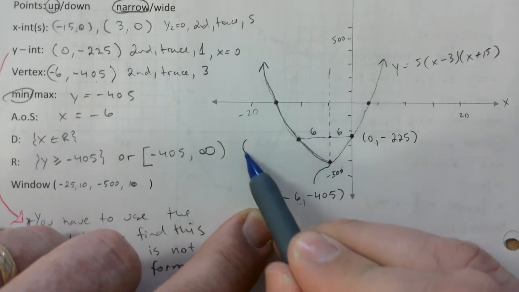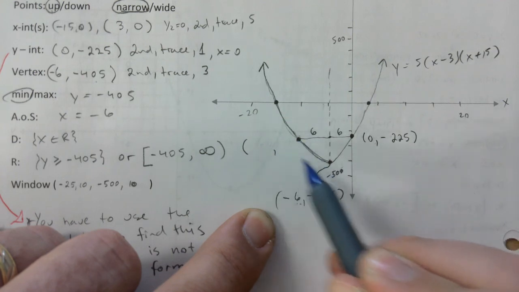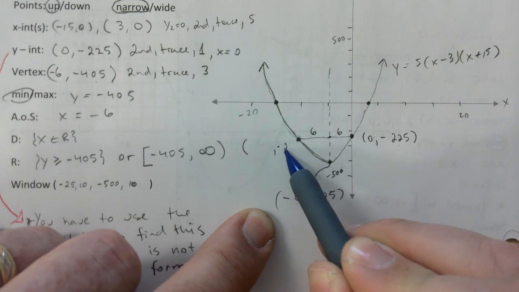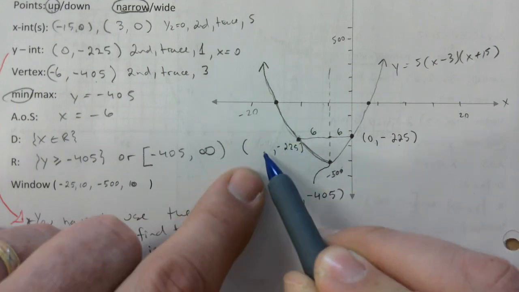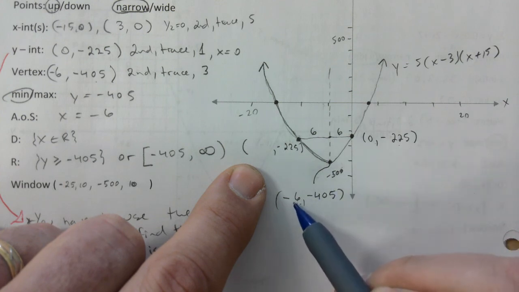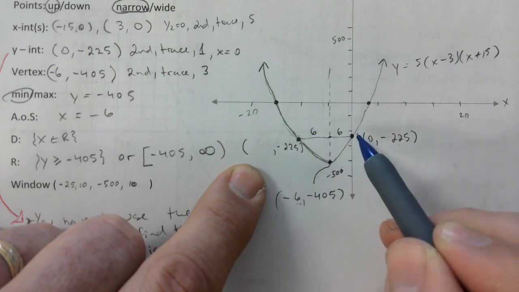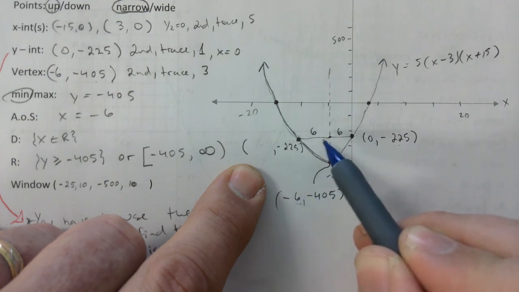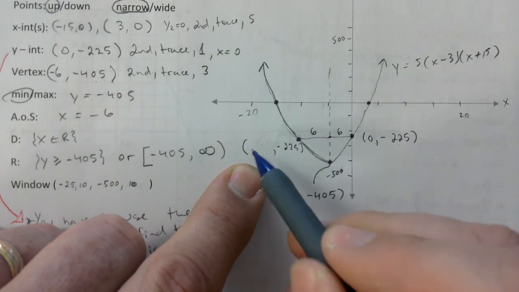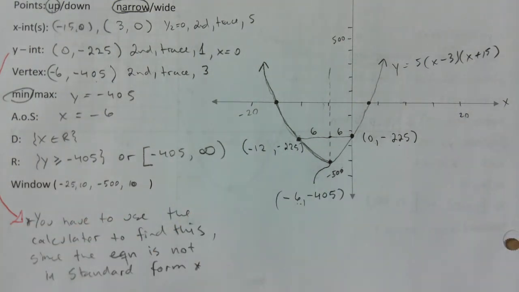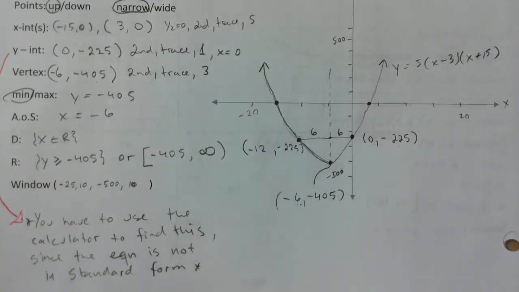So what is going to be the coordinate of this point on this side? I know that the y value will be the same. And what is this going to be? Negative 12, right? Because you went 6 this way. That gets you to negative 6. If you go another 6, that is negative 12. So you found the third point just by looking at the parabola. You use the y-intercept, you flip it over, you get it, right?